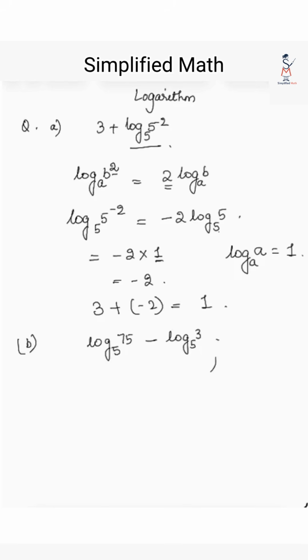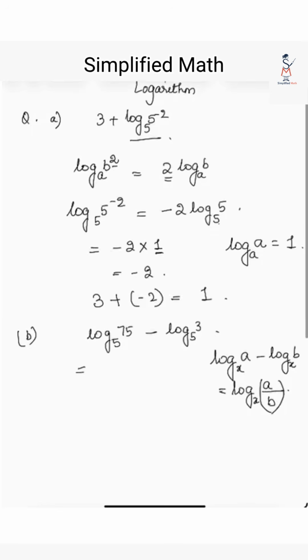The rule states that if two logs are subtracted and the base are same, then we write it as log a by b to the base x. That is, when two logs are subtracted with the same base, the log values are divided.